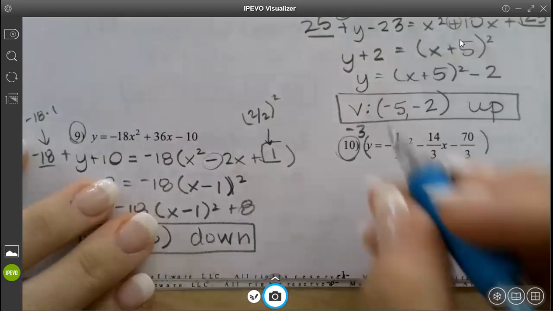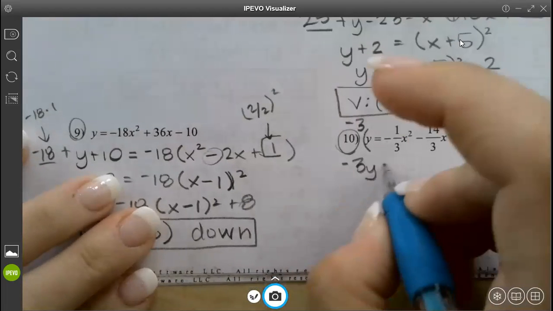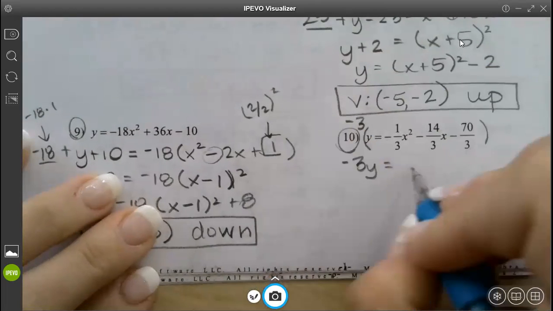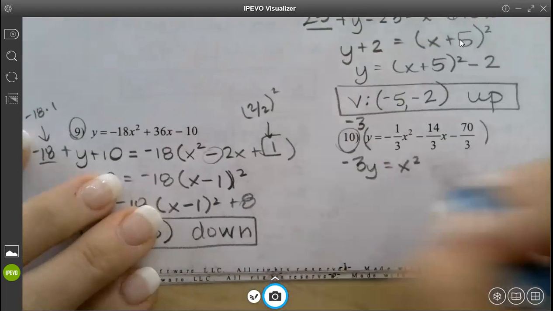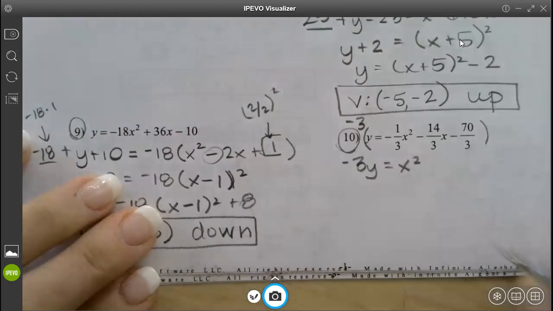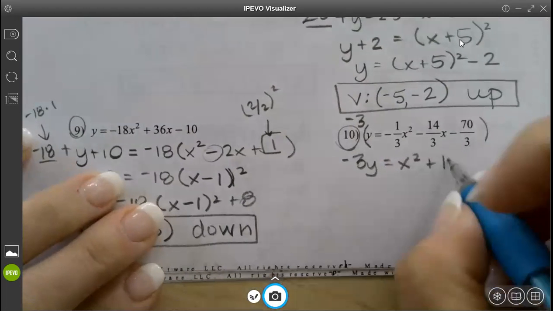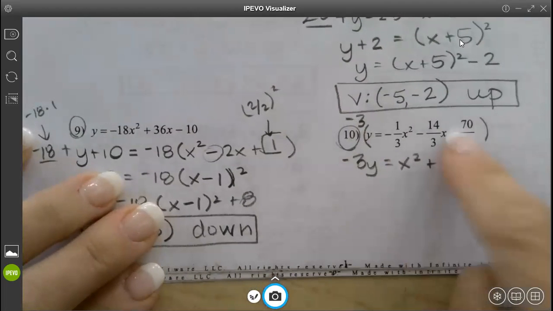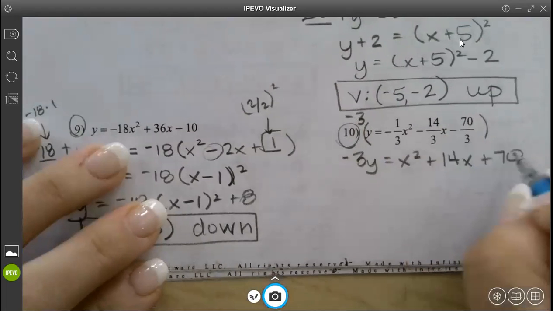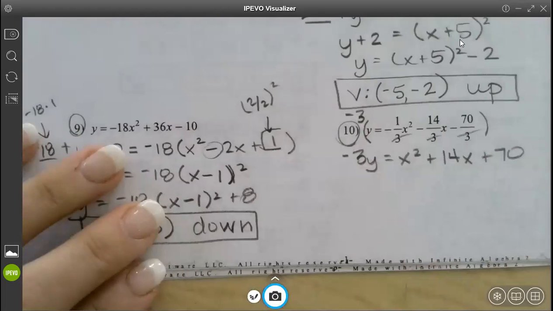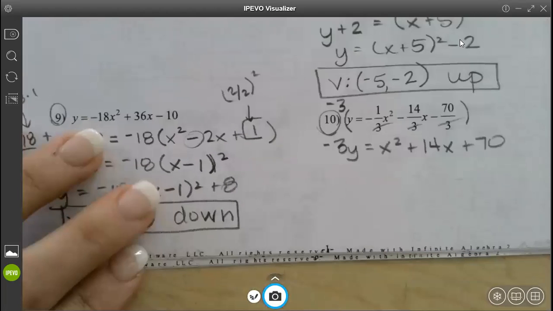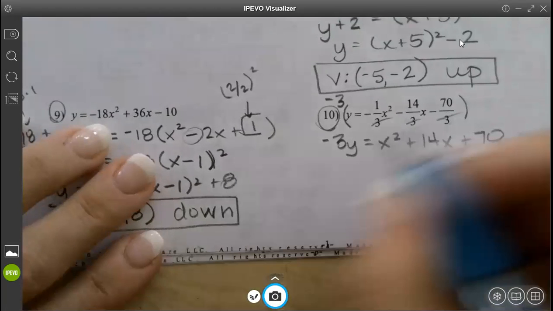So what we're going to have is -3y equals, negative times a negative makes a positive x squared. Negative times a negative makes a positive 14x. And a negative times a negative makes a positive 70. Remember, all that 3 does is get rid of the denominator. We're going to move that 70 over and put our blanks in.